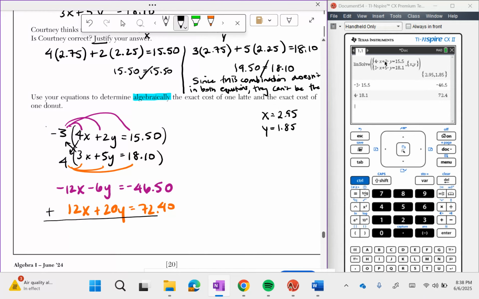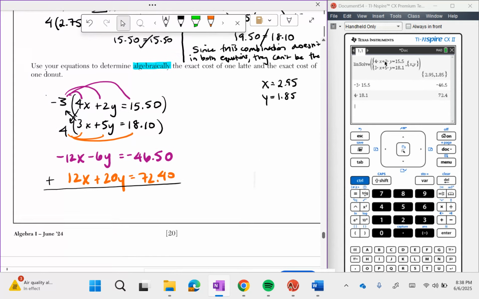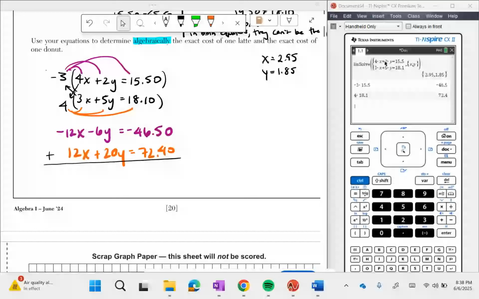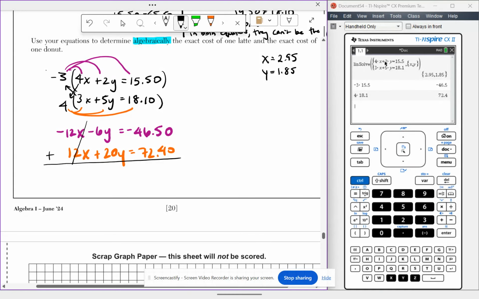And now I'm going to add them both together. And when I add them both together, negative 12x plus 12x will cancel. Negative 6y plus 20y is going to give me 14y. And then negative 46.50 plus 72.40. There we go. Is 25.90.